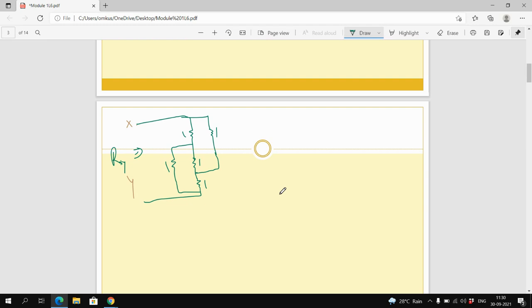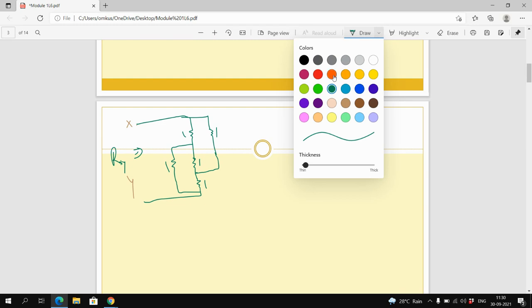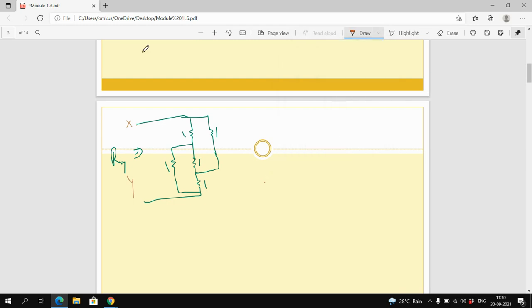Now, before solving this type of circuit or any other circuit, let us mark every node with some points. Just like here, I am marking. This is A point, this is B point, this is C point, and this is D point.